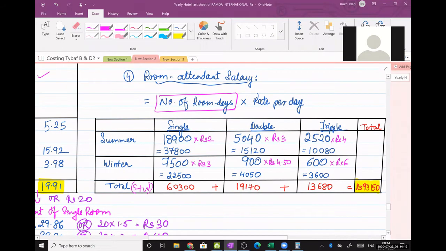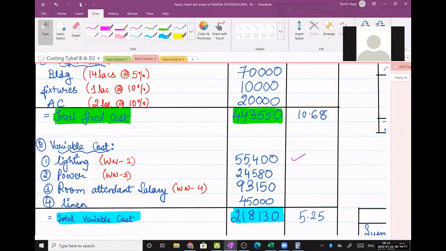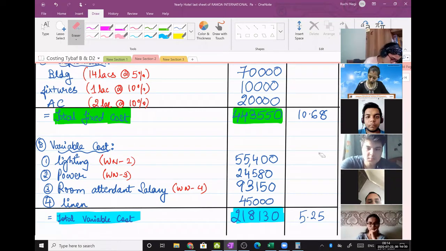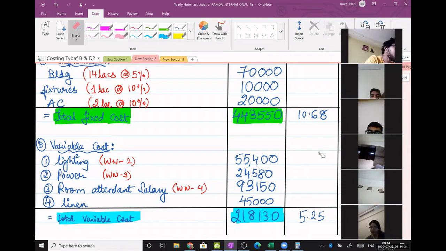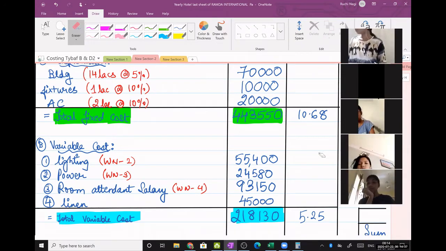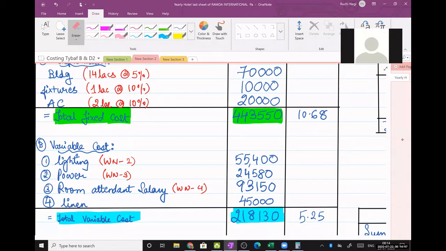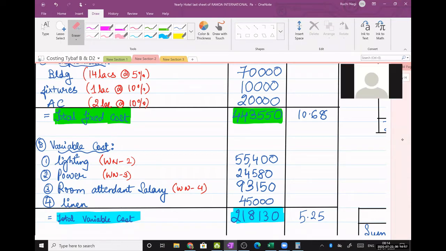Now put this in the statement: 93,150 room attendant salary.